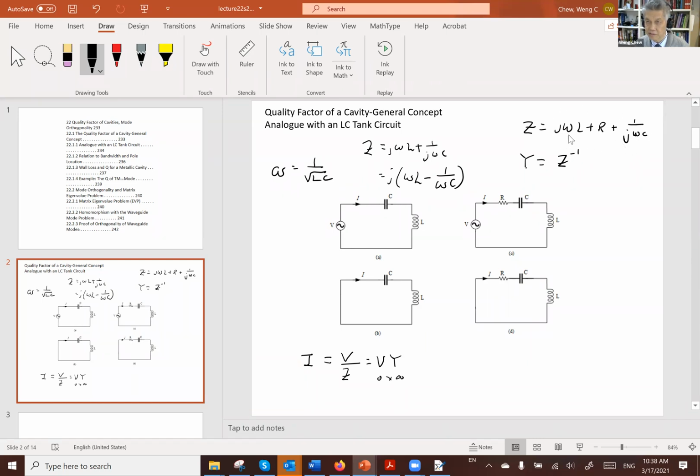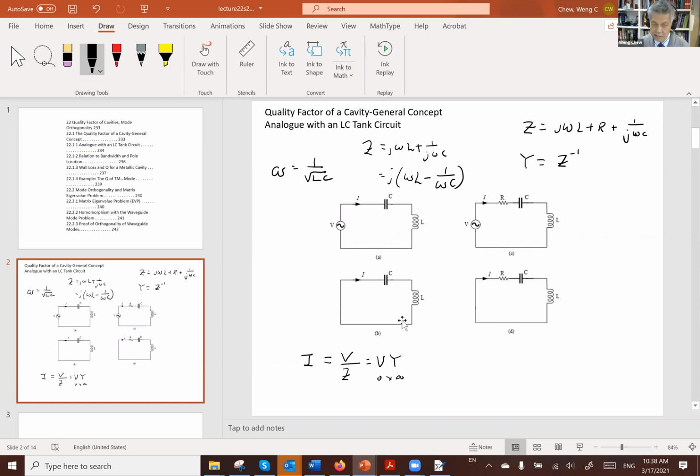Okay, you can convince yourself of that quite easily, which means that Z is never 0, which means that the admittance is never identically 0. And that means that if you were to turn off the source, there would be a current, but the current is not oscillating forever.